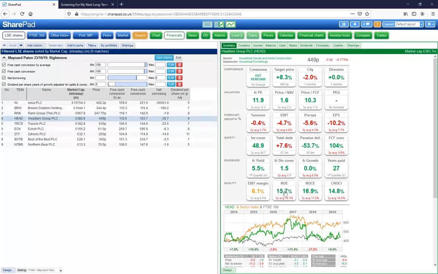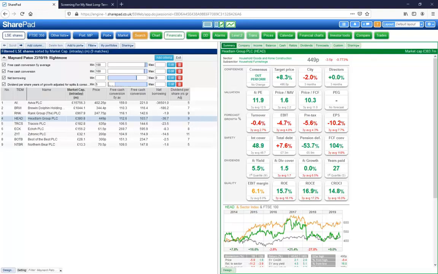So I tend to look for cash-rich businesses, in which case it doesn't matter. The figures are generally the same or thereabouts. If the company had a lot of debt, then I would look at return on capital employed. But the businesses I tend to look at are cash-rich because there's less risk. With lots of debt, if something goes wrong operationally, the debt can magnify the trouble you get as a shareholder. So I tend to look at ROE.